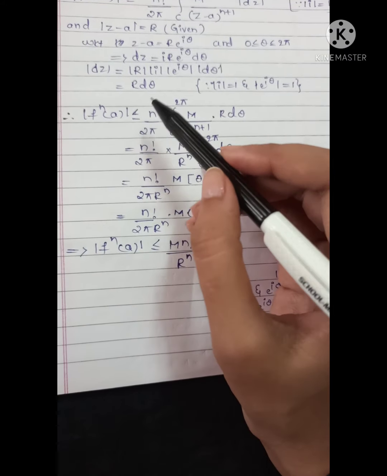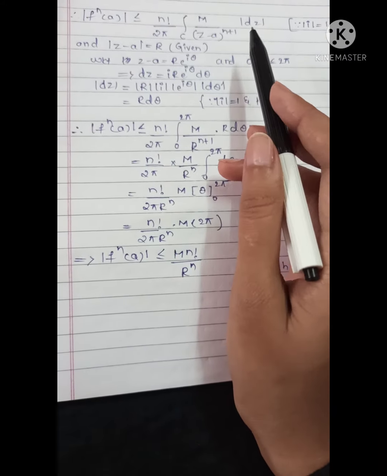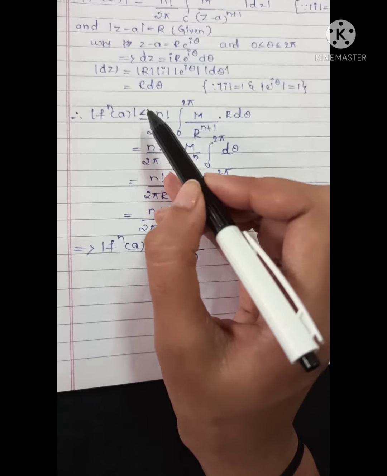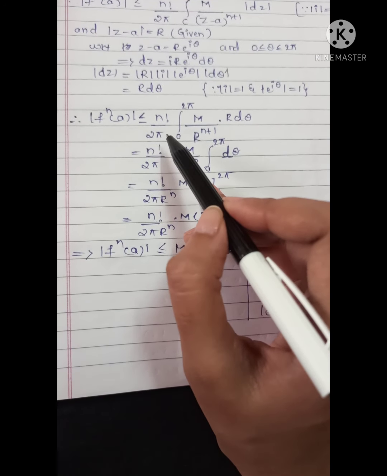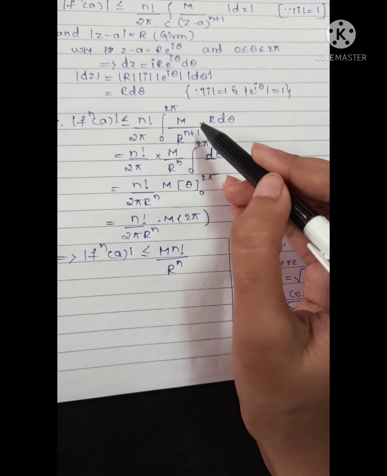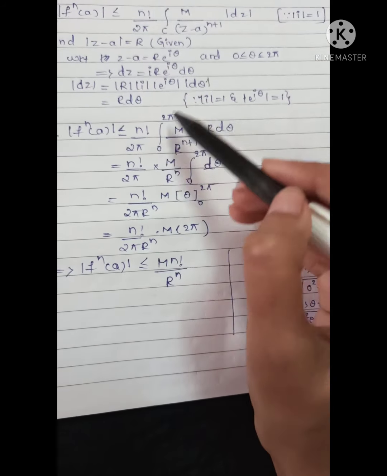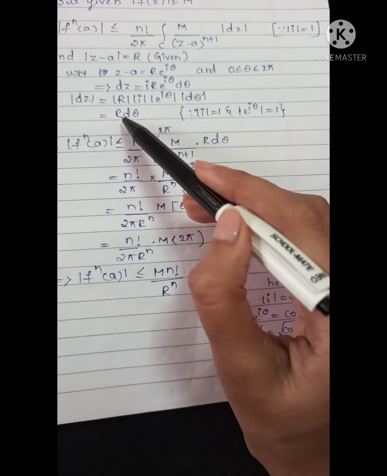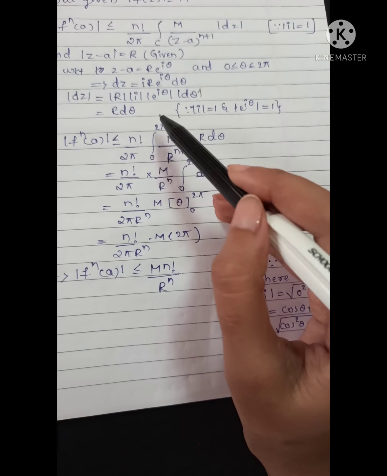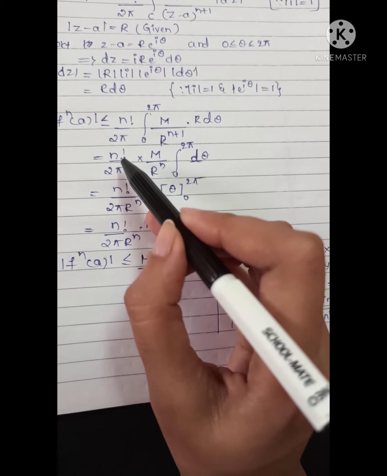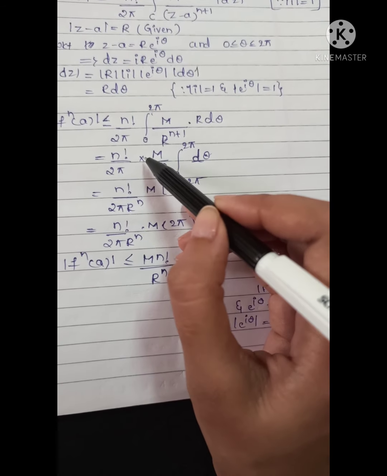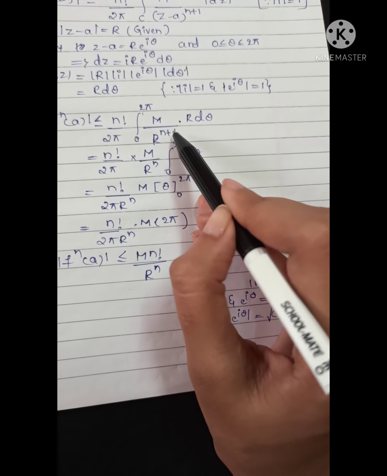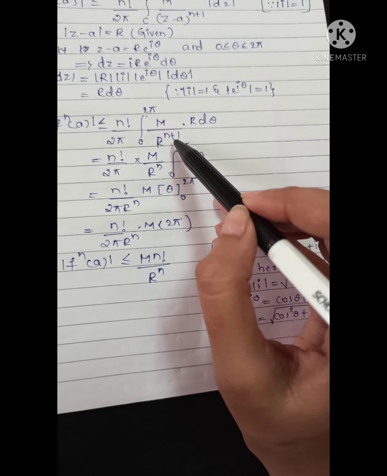By substituting all these values in this equation, we get the mod of the nth derivative of the given function at the point a is less than or equal to n factorial divided by 2 pi into the integration of M divided by, here z minus a value is r, therefore it is r to the power of n plus 1 into mod of dz, which is r into d theta, over the limits 0 to 2 pi, which is equal to n factorial divided by 2 pi into M, a constant, keep it outside of the integral, divided by r to the power of n plus 1, which can be written as r to the power of n into r to the power of 1.